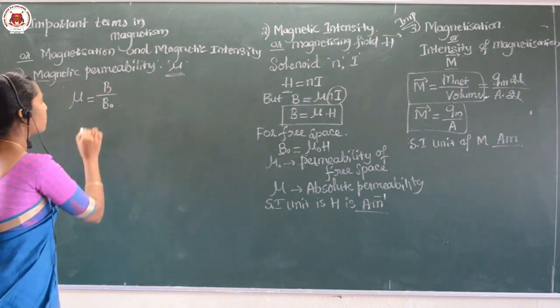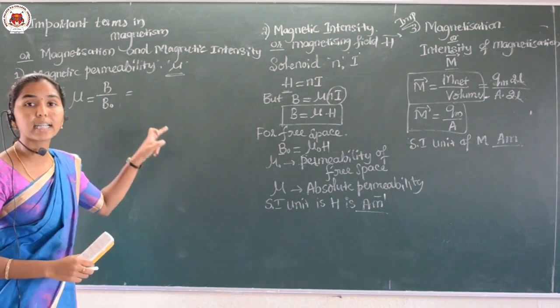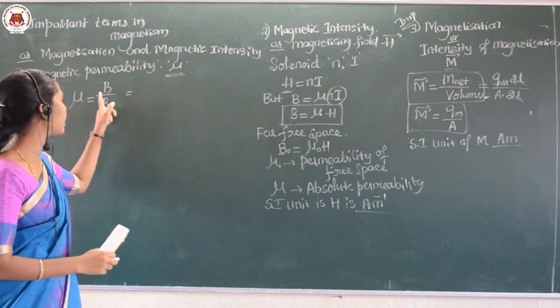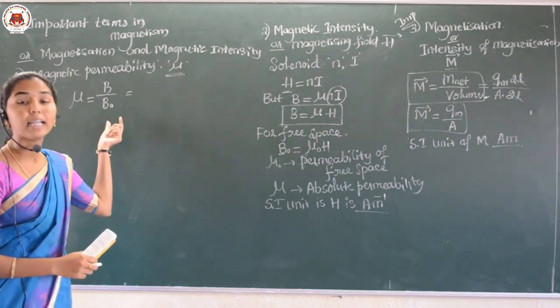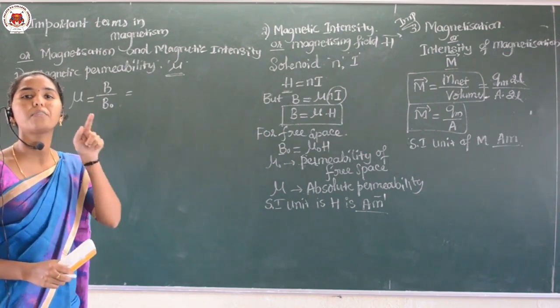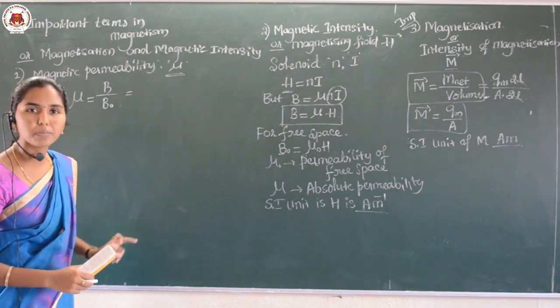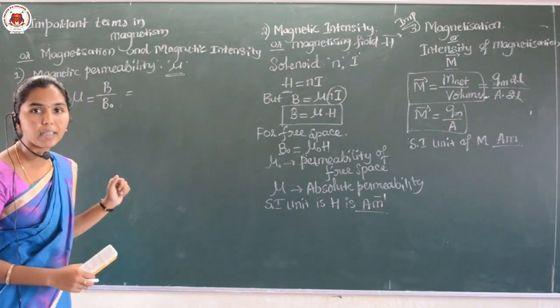Yes, what is the B here? B means it is the magnetic induction produced in the specimen. Then what is the B naught here? It is the magnetic induction produced in free space. Then can you define now what the magnetic permeability is?